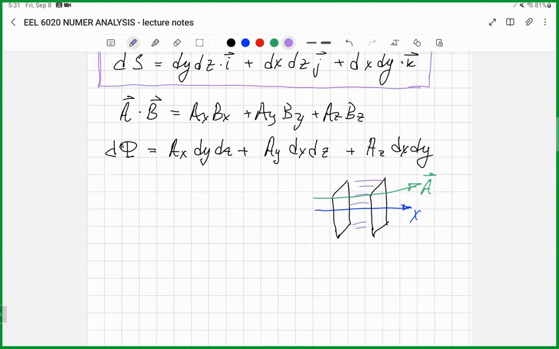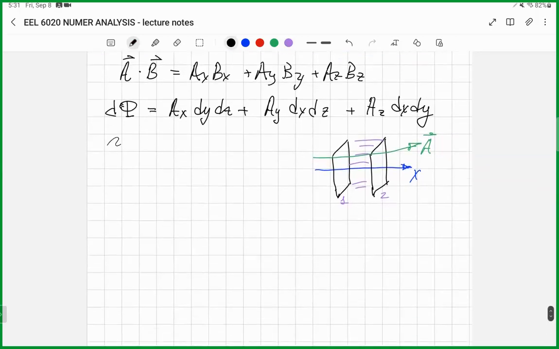It goes in through the first wall and goes out through the second surface. And the total flux through the whole surface will be given by the difference of the two, because through one of the walls it goes in, so the flux is positive, but through the second wall it goes out, so the flux is negative. And the total flux through this elementary volume will be given by the difference of the two. Okay.